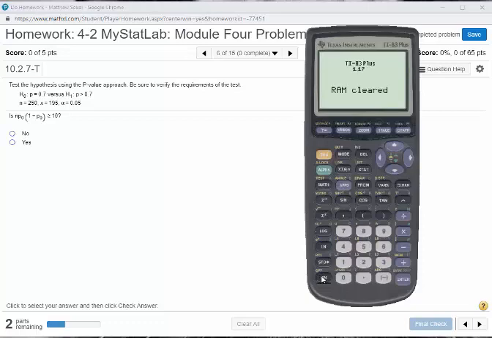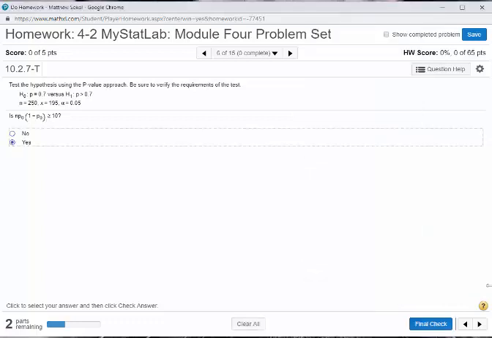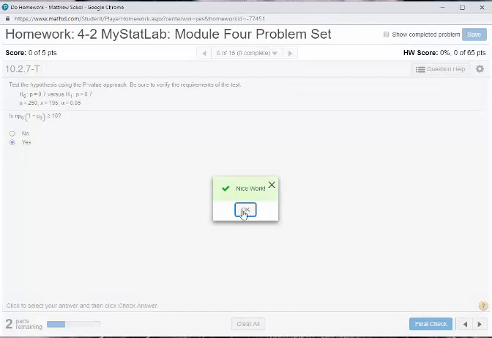So grabbing your calculator, you go n, which is 250, times p naught, that's the value in the null, 0.7, times 1 minus 0.7. So that's equal to 52.5, which is greater than or equal to 10. So yes, that's good.